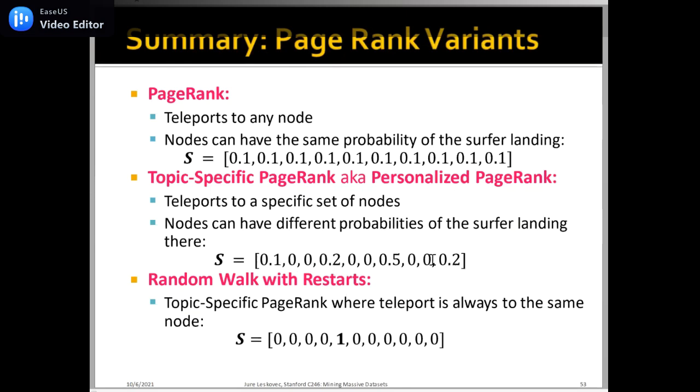And every time with restarting, we can randomly pick one of these 4 based on this probability vector. And also we can always jump back to one specific node, and then the vector will become just one value, like just 1 for this node where you want to always jump back.